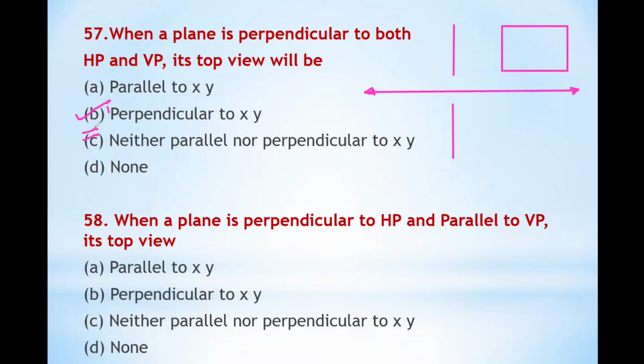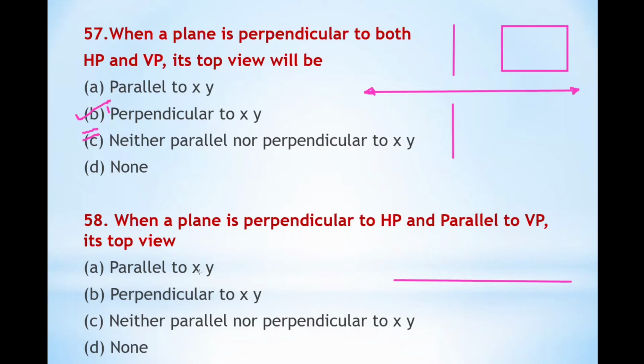Now next, 58th. When a plane is perpendicular to HP and parallel to VP, then its top view will be... Okay, so here also I'll draw the sketch. So this is the reference axis. Now the plane is perpendicular to HP and parallel to VP.